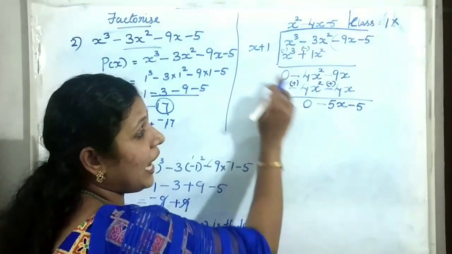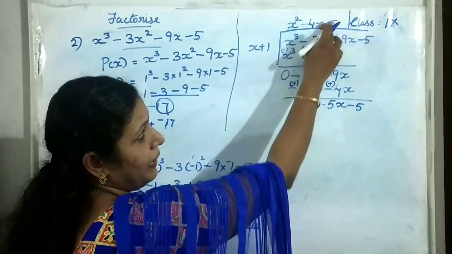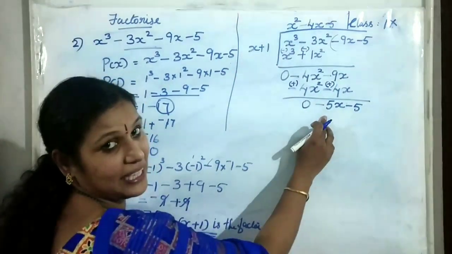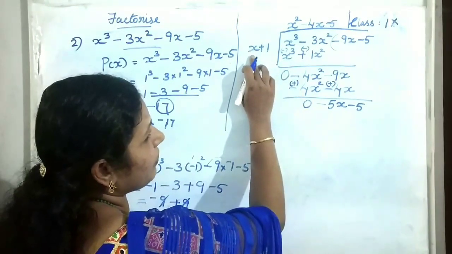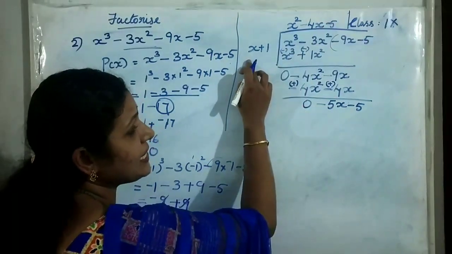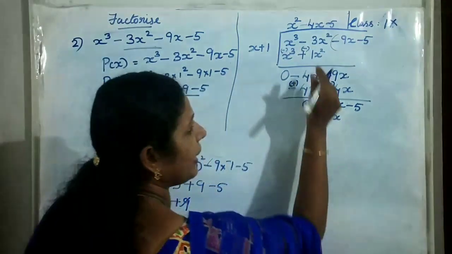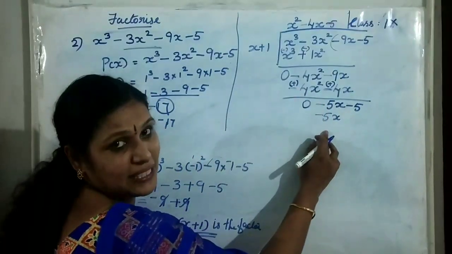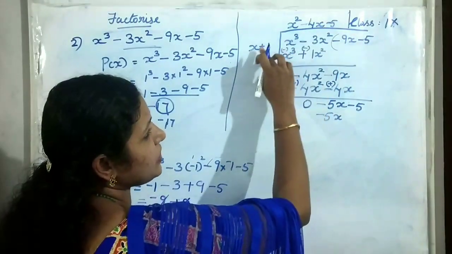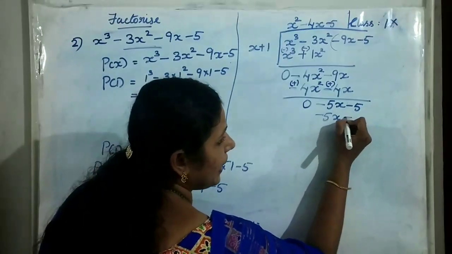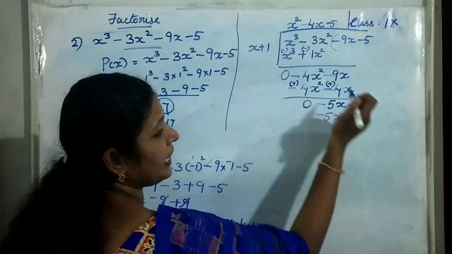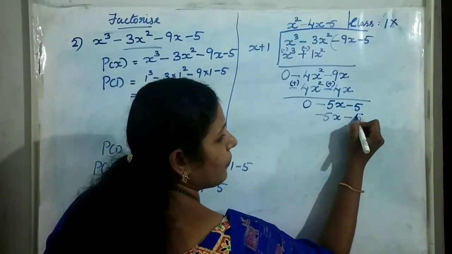Minus 5 into 1 is minus 5. Okay. Then x also: minus 5 into x is minus 5x. Then minus into plus is minus, and 5 into 1 is 5.